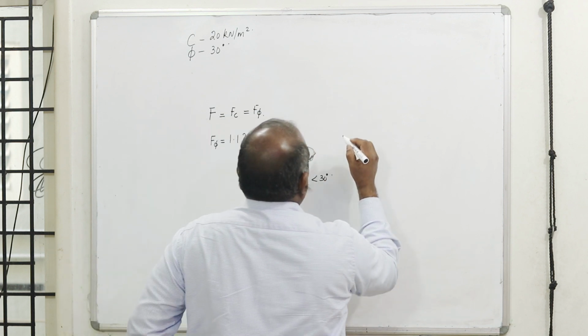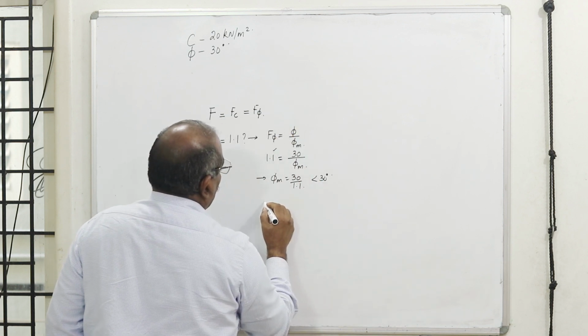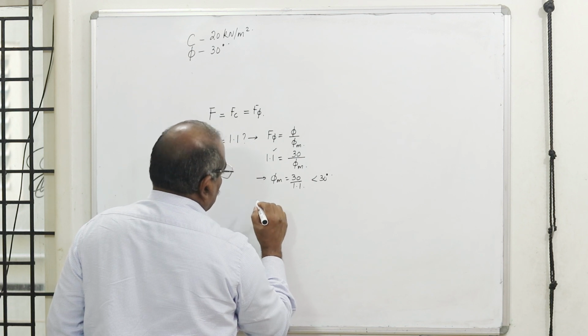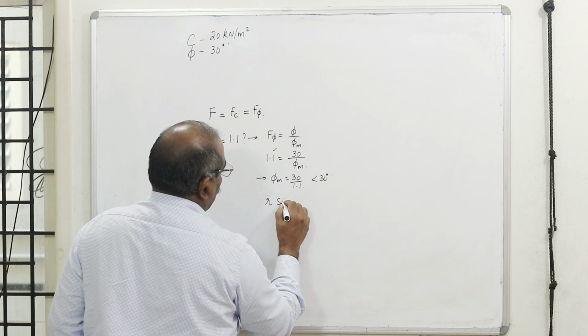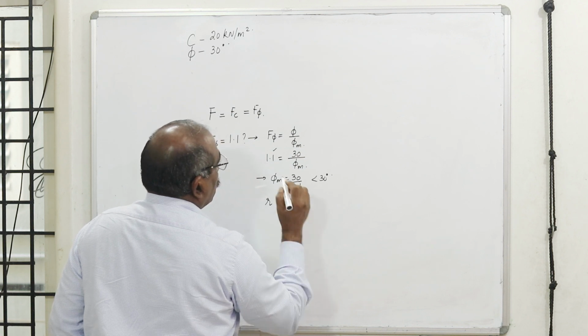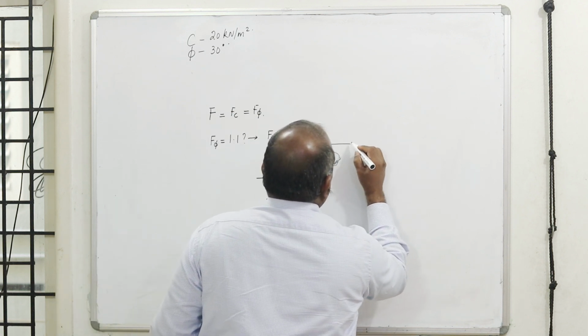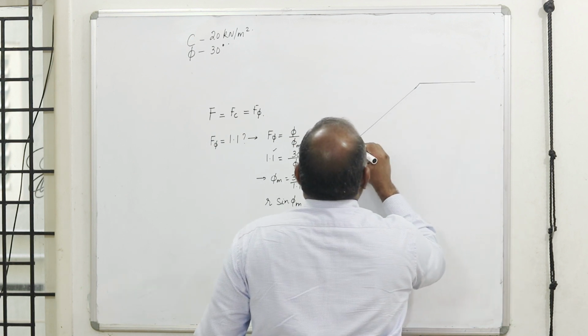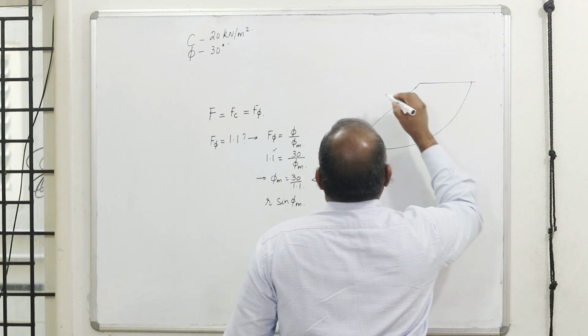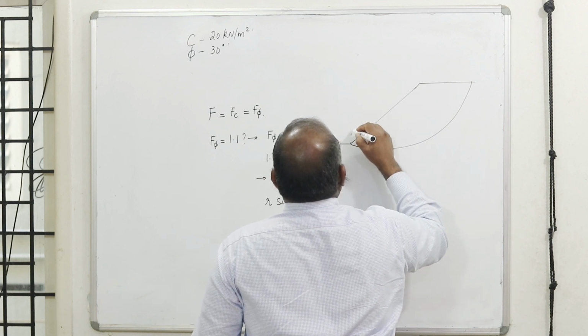Then I find the concentric circle's radius as r into sine phi m. Therefore, I draw this slope to a certain scale. I have my trial slip center and my trial slip circle.